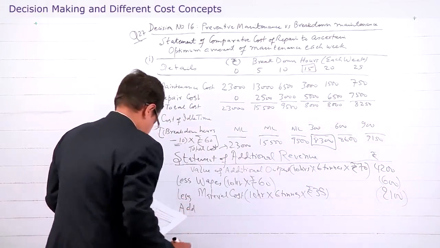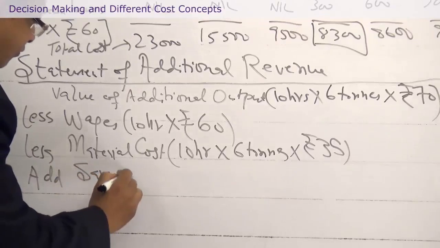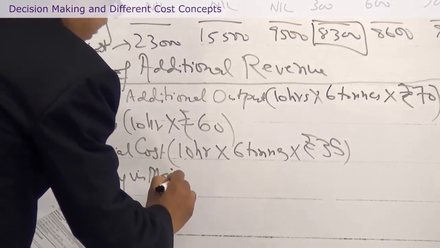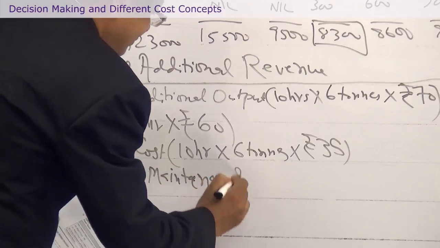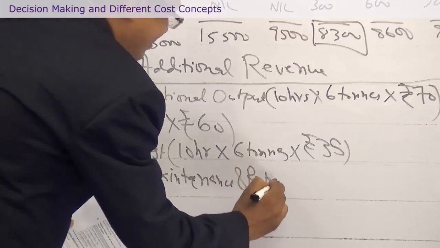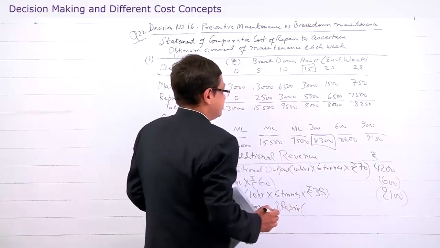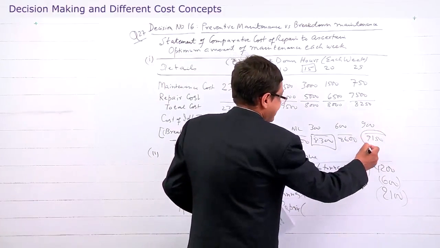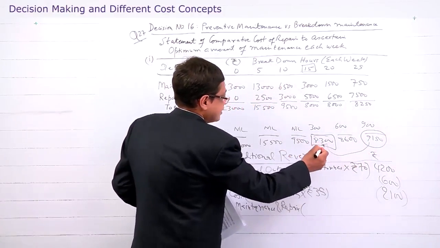Finally, you add saving in maintenance and repairs. This is how much? You are presently at this point and the ideal point is 8300.